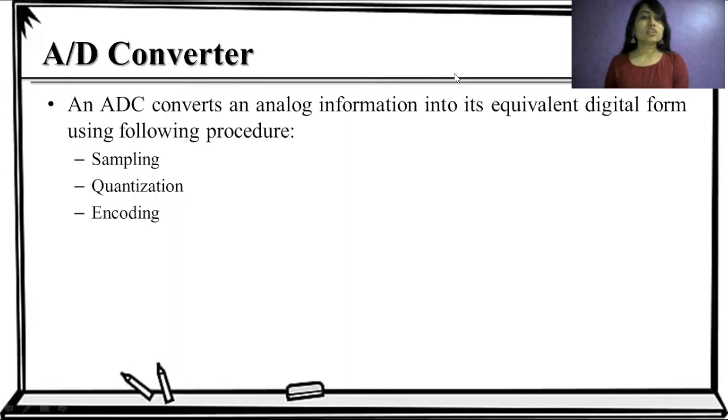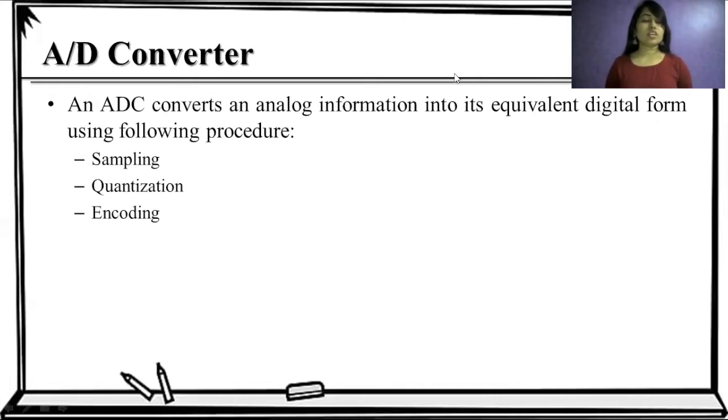The analog to digital converter converts analog information into its equivalent digital form using the following procedure. To convert analog information into digital form, we have three steps to follow. First, sampling; second, quantization; third, encoding.